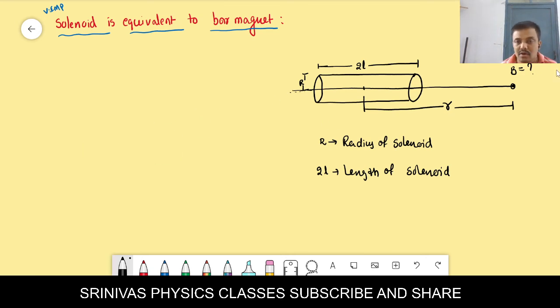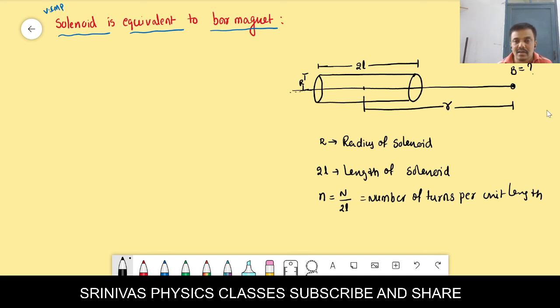For that purpose we have to find the field. We will take small n as the number of turns per unit length, meaning total number of turns by total length. In one unit length, how many turns are there, that is small n.